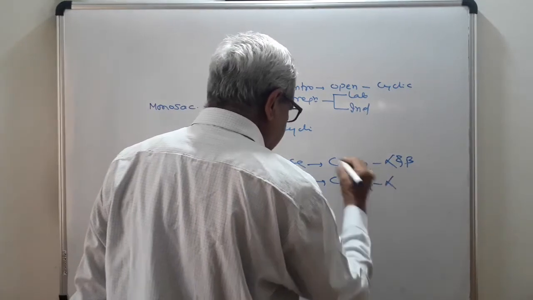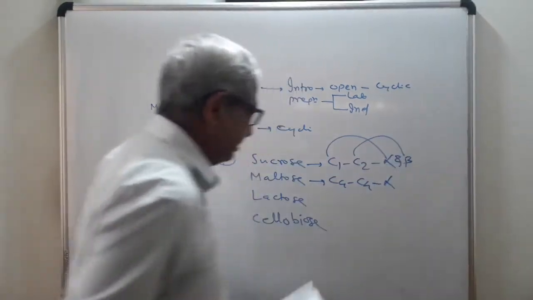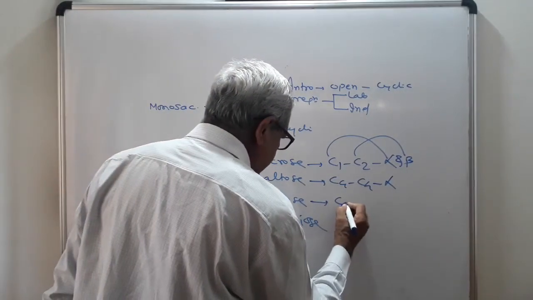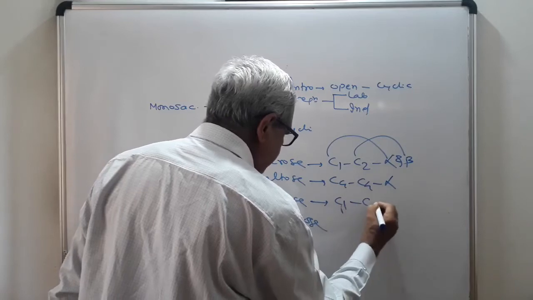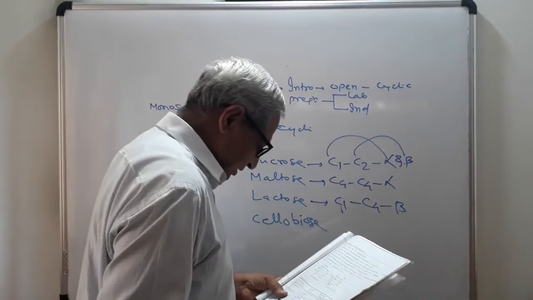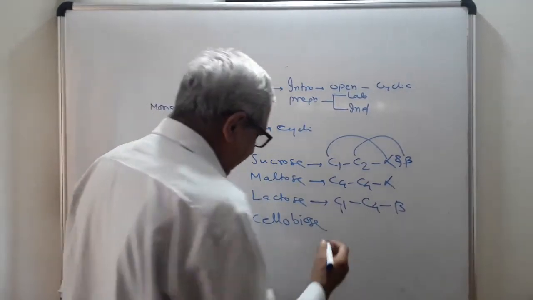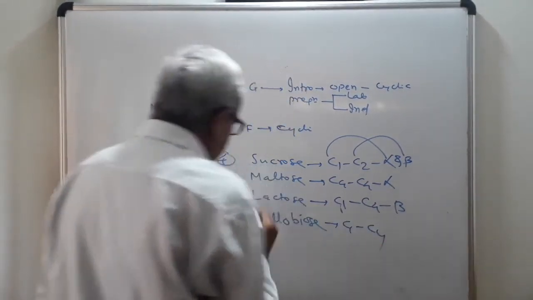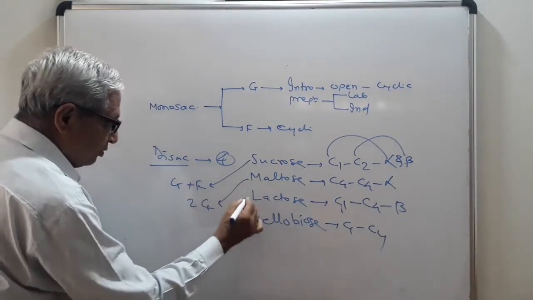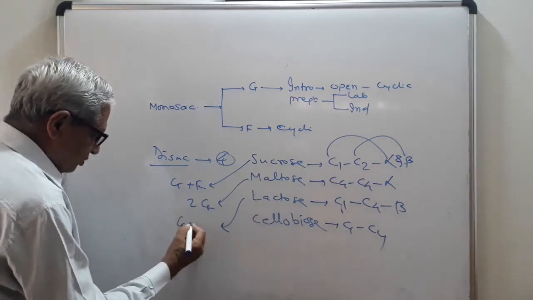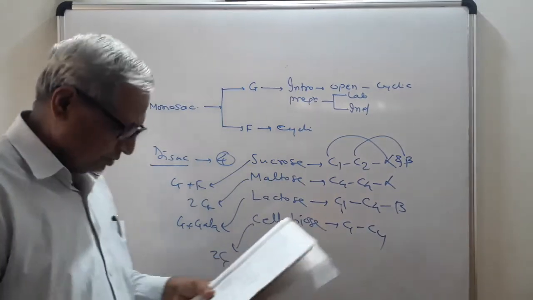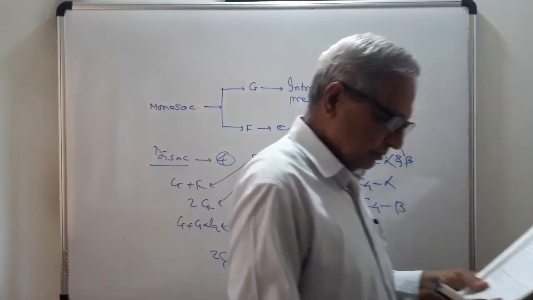In lactose, C1 C4 beta linkage. In cellobiose, again C1 C4 beta glycosidic linkage. Sucrose will give glucose plus fructose, maltose gives two molecules of glucose, lactose gives one molecule of glucose and another molecule of galactose, and cellobiose gives two molecules of glucose. So these are the points here.